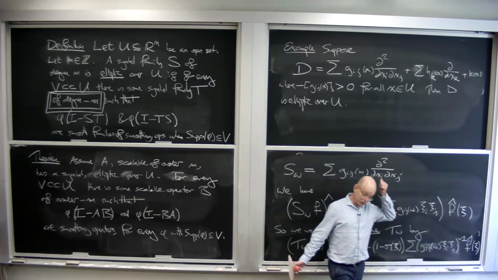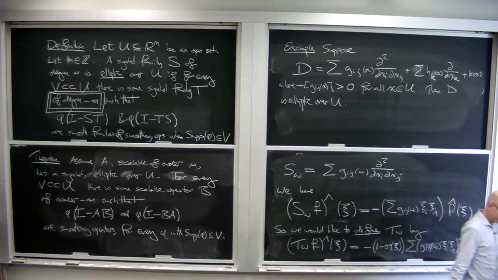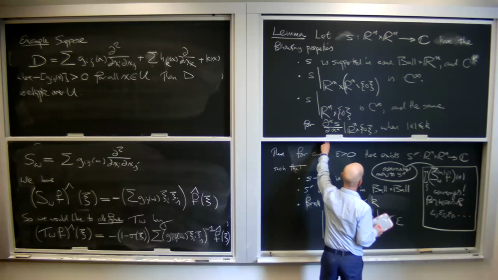But back in non-Fourier transform land, that means it differs by a smoothing operator, which has a Schwartz class integral kernel. It's not quite properly supported, so it's a little bit out of our world. Otherwise, it's fine. If we were dealing with Schwartz functions instead of C_c infinity functions, this would now be done. But because we're dealing with C_c infinity functions, we have to fiddle just a little bit.